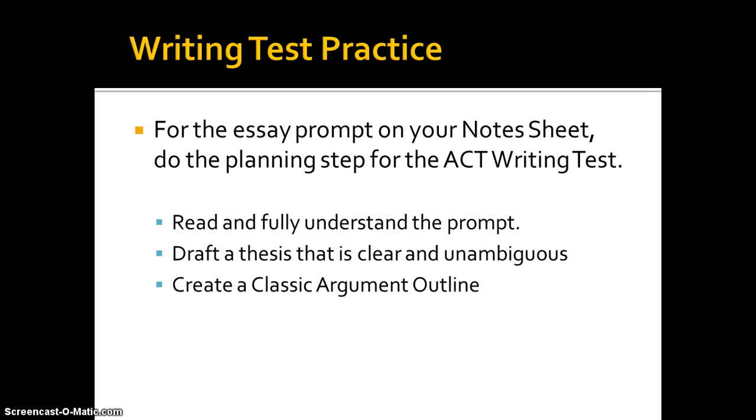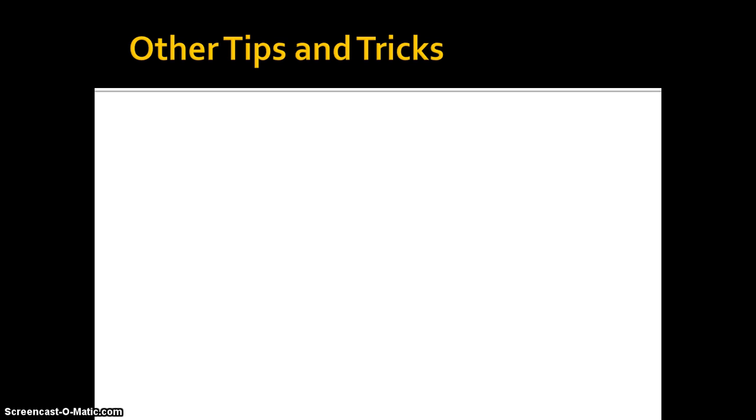It doesn't matter the order as long as all that information is in there. And then go ahead and write that little outline on the note sheet. When you're done with that, come on back to the video, and I'm going to show you some final little tips and tricks.